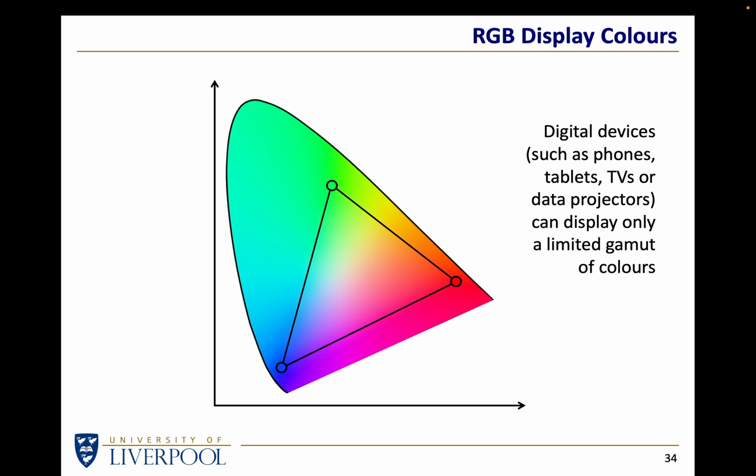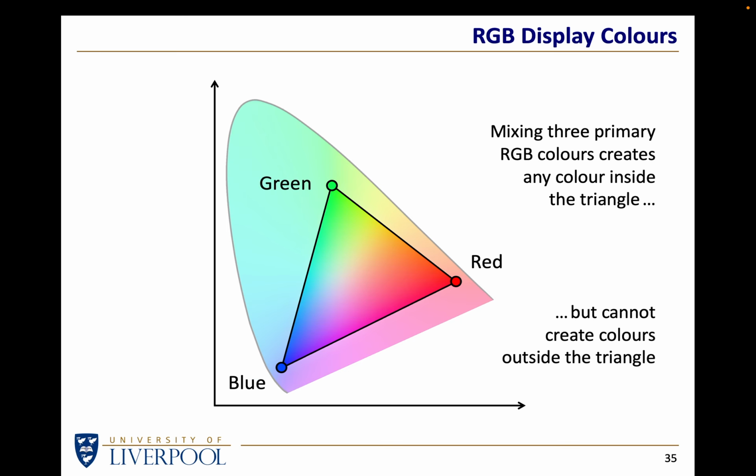Any particular digital display will be limited by producing primary colors, red, green, and blue, and it will be able to represent any color in that triangle where each corner of the triangle is primary red, primary green, primary blue.